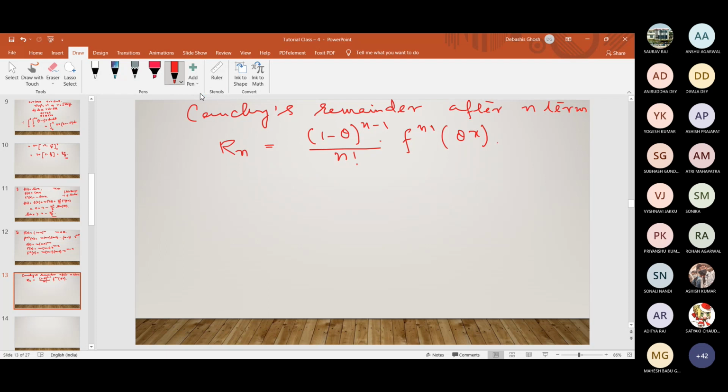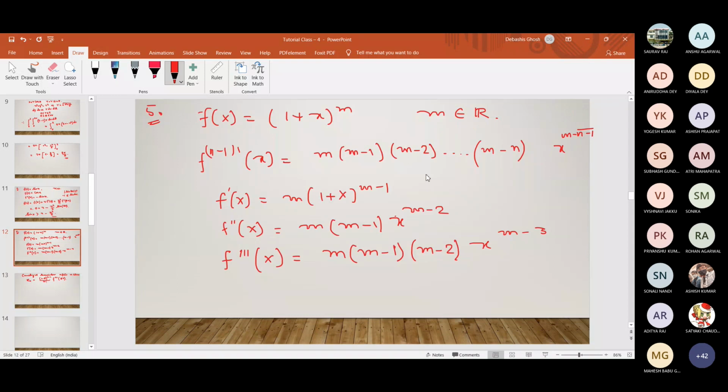So we have found that n minus 1 will be the last term, and we need to find out f n dashed. So f n dashed of x equals m into m minus 1 and so on up to m minus n plus 1, then x to the power m minus n.